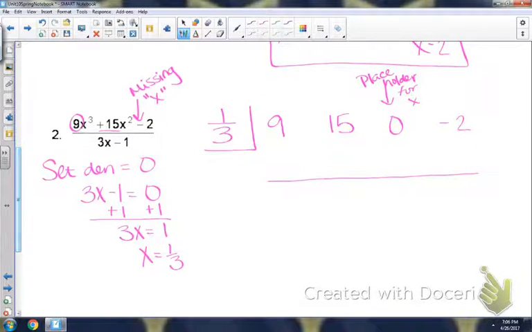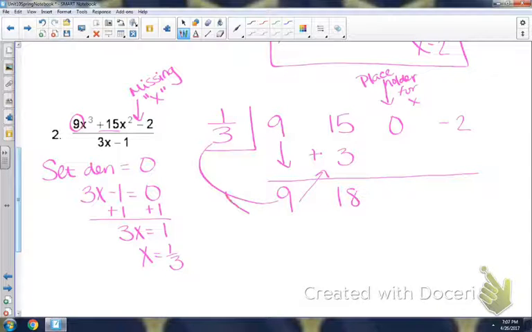Okay, so first step, we're going to bring down the 9. That first coefficient always gets brought down. Then we're going to multiply: 1/3 times 9 over 1 would equal 3. That answer goes here. From here, we're adding: 15 plus 3 is 18.